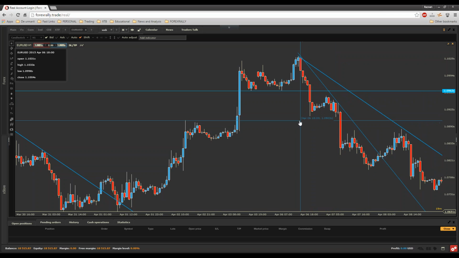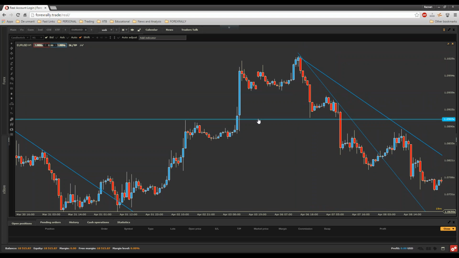Now let me show you another example of good resistance becoming support. Well, this one. Look what happened. The price stopped at 109.05, stopped again, broke this resistance, but when it fell, it actually stopped at this level. The buyers pushed the price, but after a second try, the price managed to break down.